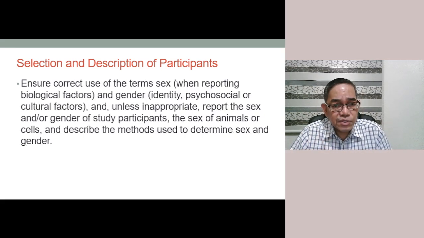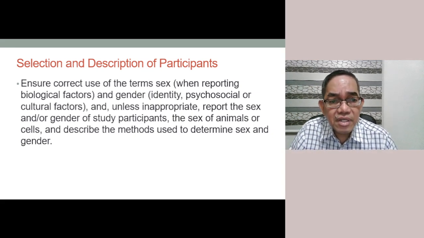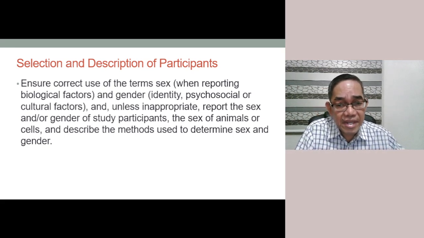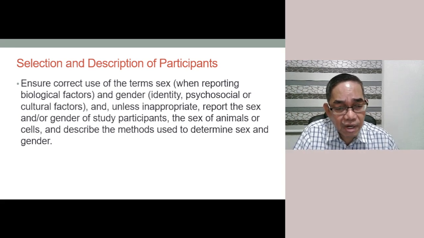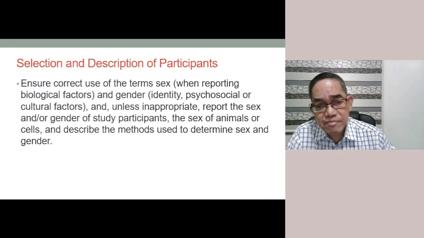Ensure correct use of terms like sex when reporting biological factors, and gender when talking of identity, psychosocial or cultural factors. So don't say gender if you mean sex.